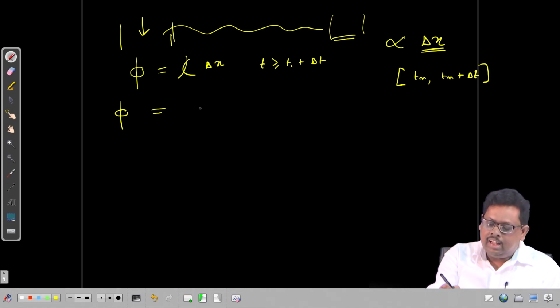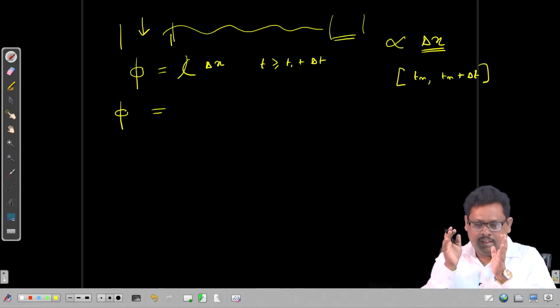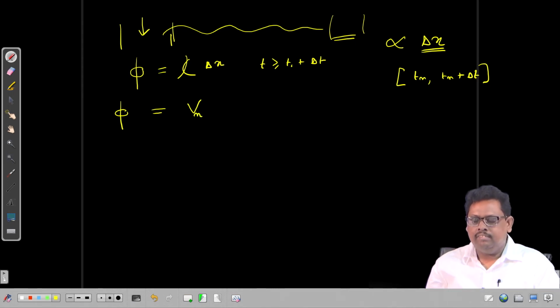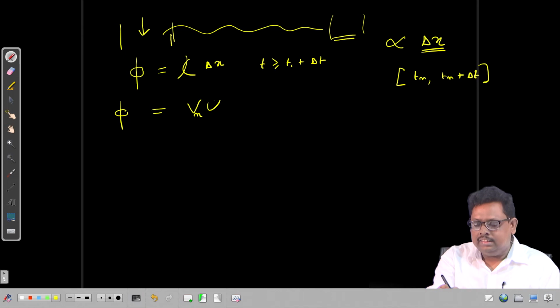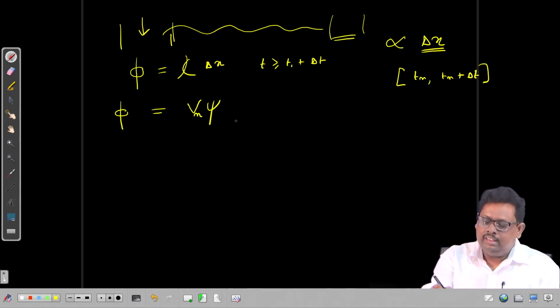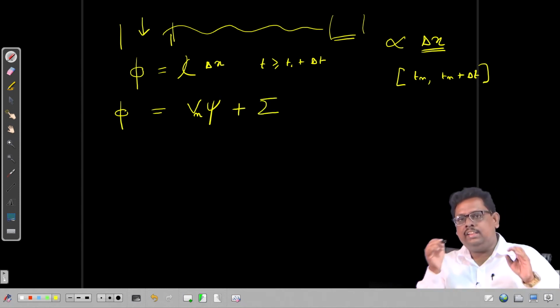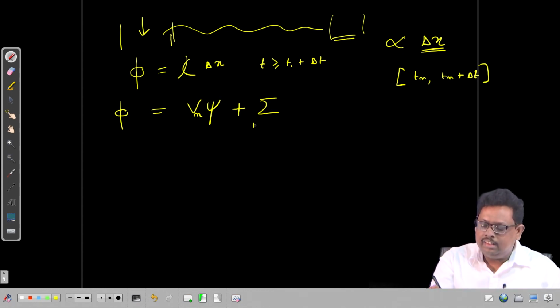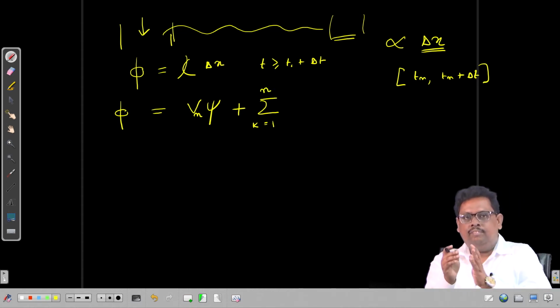Definitely I can write that I am throwing some v at the nth time step, and then I multiply with the psi. This is the first thing I would do, and then I can add the effect coming from the start. So, I can write the summation, k is equal to 1 to n, the present time step.